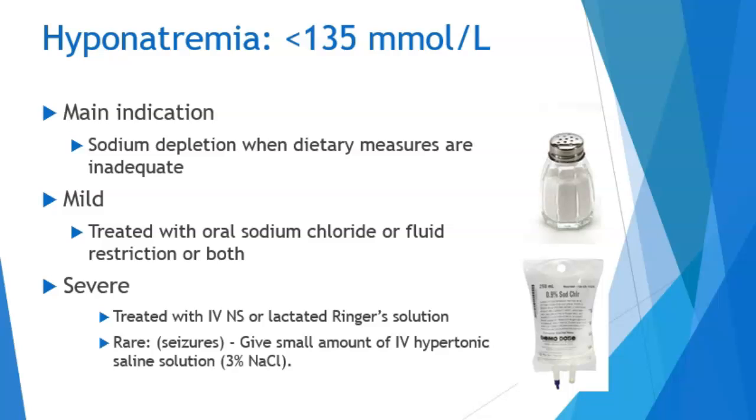So there is a tablet that patients can take, or it could be a fluid restriction, or it could be both. If it is severe, though, you might see the doctor order some small amounts of a hypertonic saline solution. And if you are using a hypertonic saline solution, that can cause a serious fluid shift. So we have to watch those patients very closely.